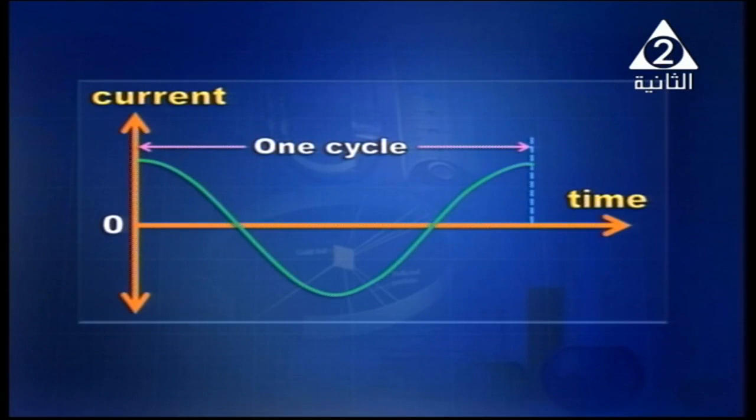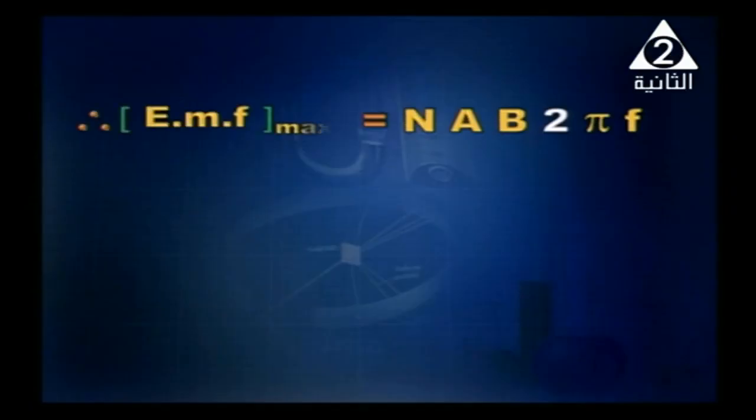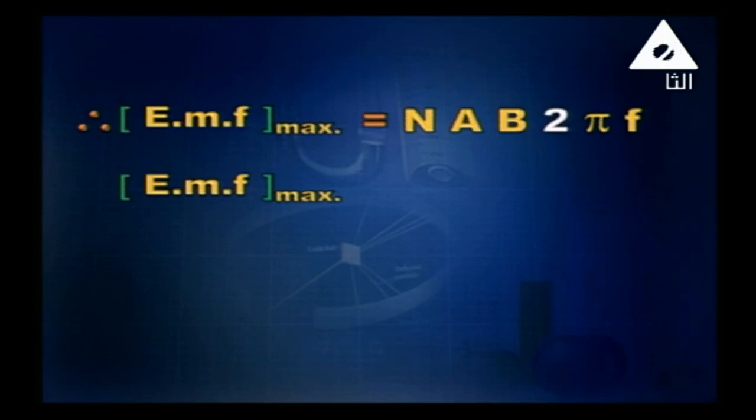If we want to sketch the diagram that shows how the EMF induced in the coil changes through one complete cycle starting from the horizontal, it is shown in front of you. We start with EMF maximum. And what about the maximum EMF? Maximum EMF is obtained from the expression NAB 2 pi f.